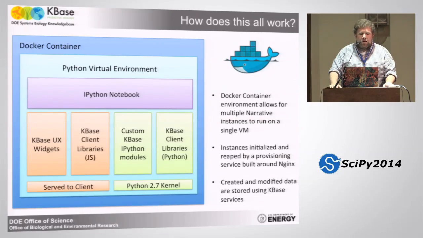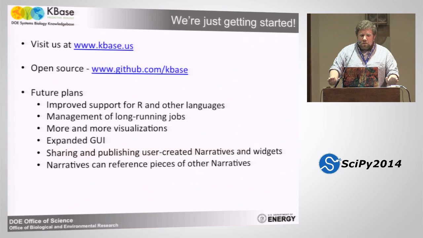Within this container, we have our own Python virtual environment that contains the IPython notebook, which we've built on top of with the different KBase widgets and the KBase client libraries, and these get exported straight to the client. As well, everything living in the back end on the kernel are the KBase IPython modules and the client libraries that talk to the KBase servers and run the different service calls.